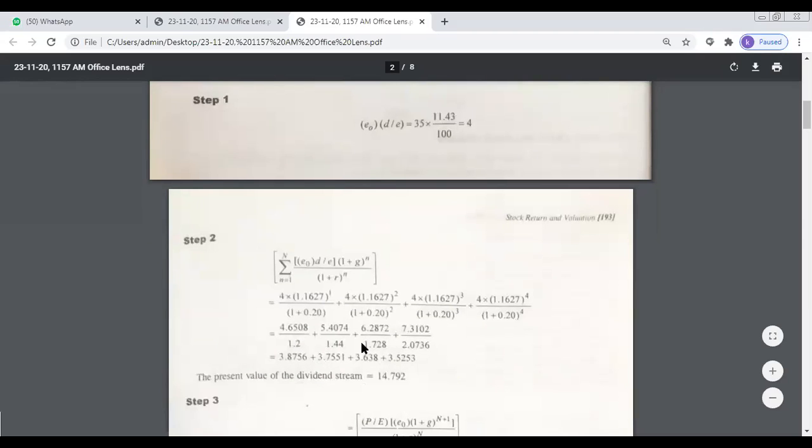Now I'll just keep the slide open for you for 5 minutes. Just go through this particular part and then we'll see what is the next part to be done.